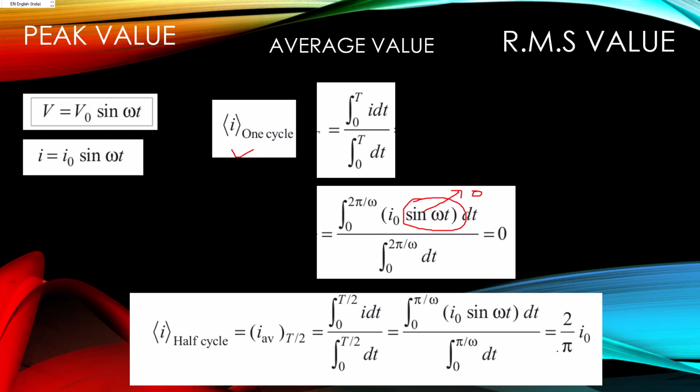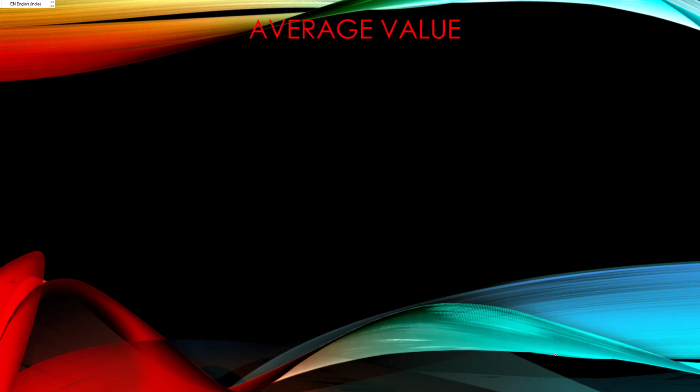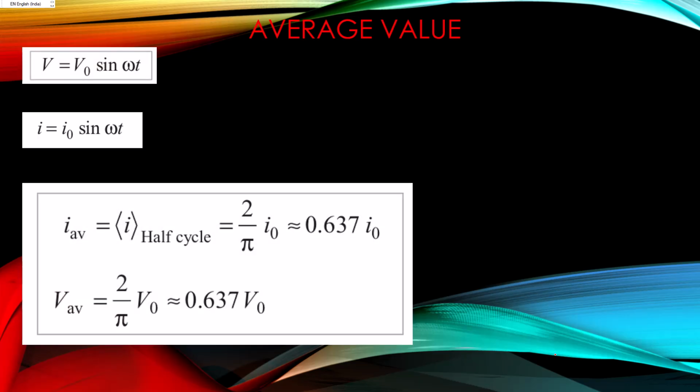So the average value of current is 2 by pi times the peak value, or 0.637 I0. Similarly, for voltage, the average value is 2 by pi V0 or 0.637 V0.